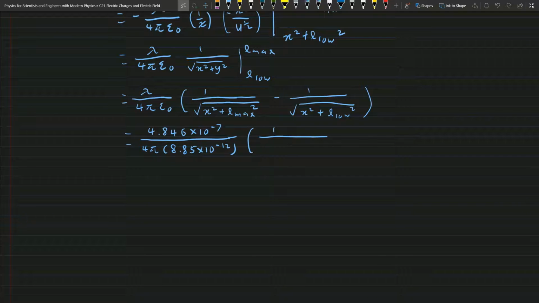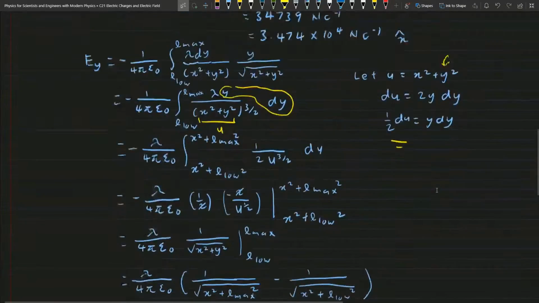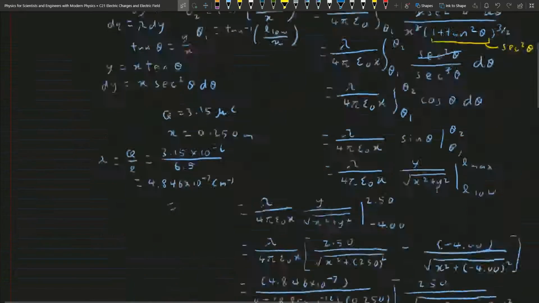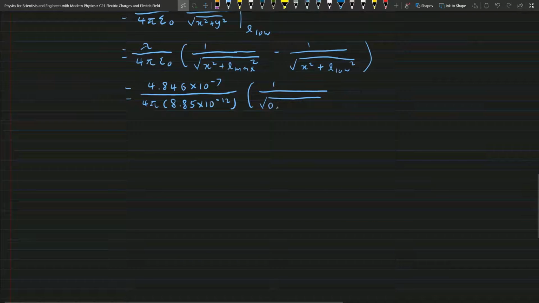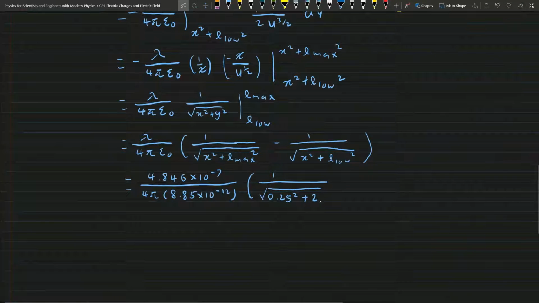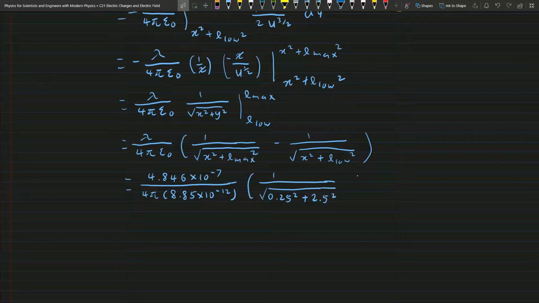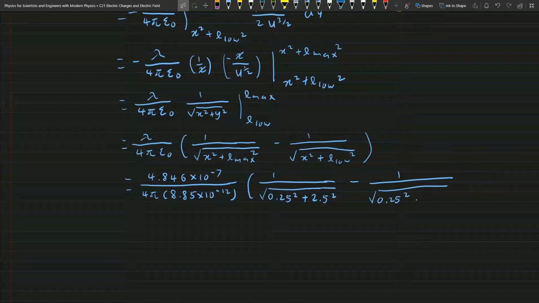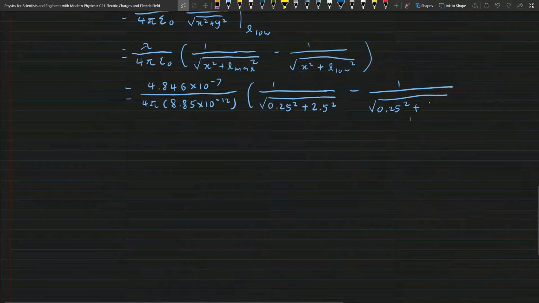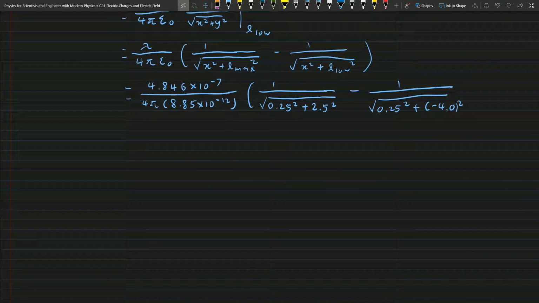Now 1 over the square root of our x, which is given by 0.25, 0.25 squared, and L max is 2.5, 2.5 squared, and minus 1 over the square root of 0.25 squared, and plus L low, which is negative 4. So let's calculate the answer.